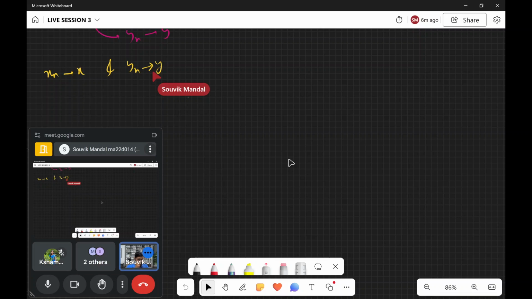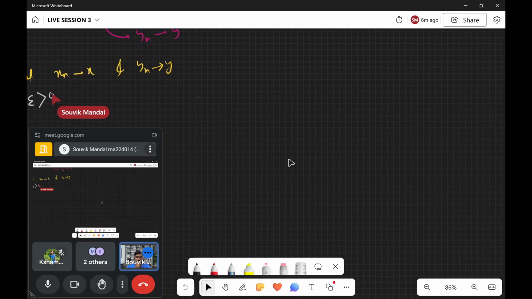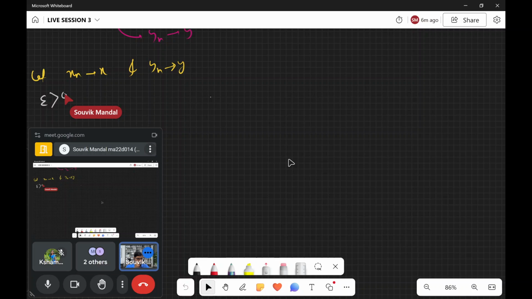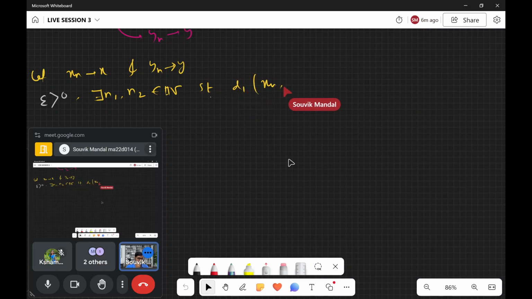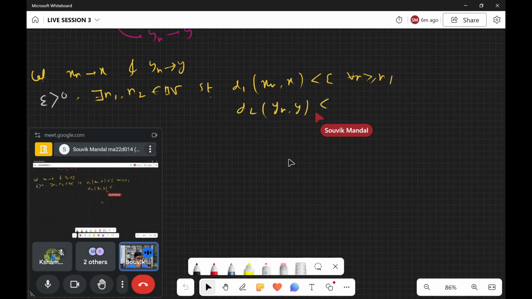So this implies what? Now choose an epsilon greater than 0. By definition of convergent sequence, there exist two natural numbers n1 and n2 such that d1 of (xn, x) is less than epsilon for all n greater than or equal to n1, and d2 of (yn, y) is also less than epsilon for all n greater than or equal to n2.